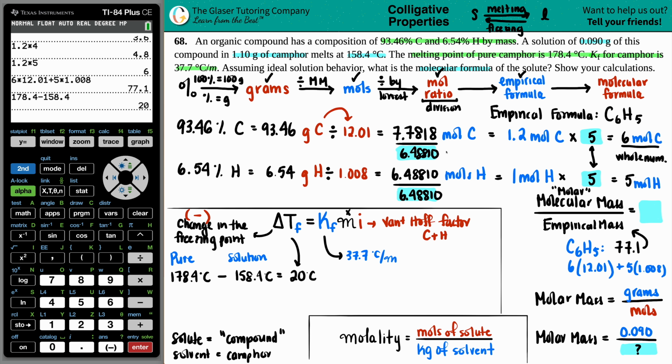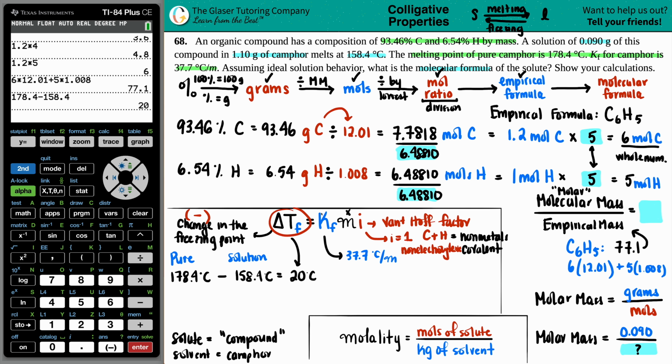Would this be an electrolyte or not? Well, carbon and hydrogen are all nonmetals, and the only type of compound that nonmetals can make is covalent. And if you have a covalent compound, you will be a non-electrolyte. So we know that this covalent compound is a non-electrolyte. And because of that, my I value equals 1.